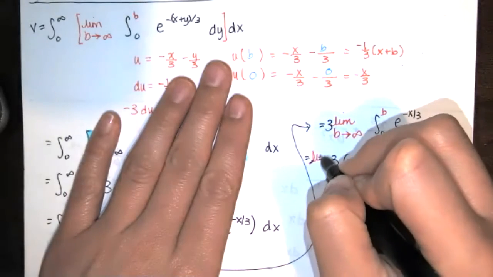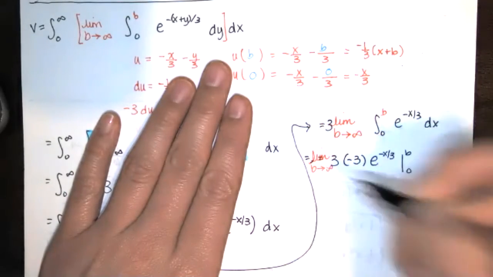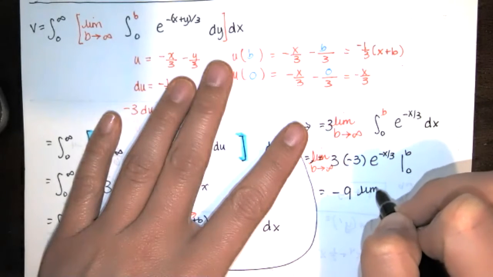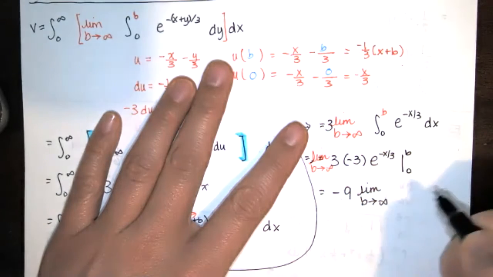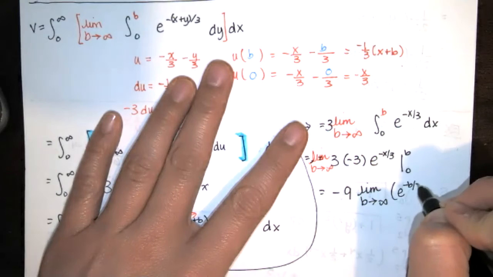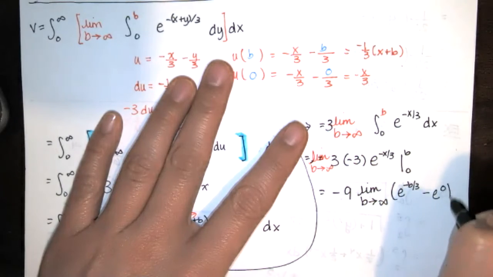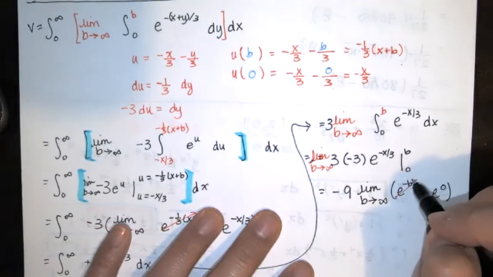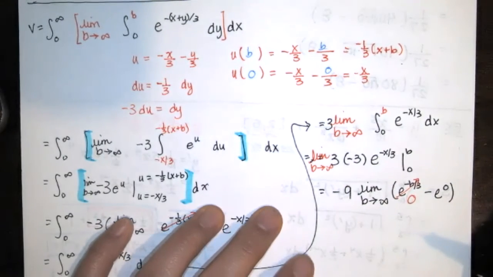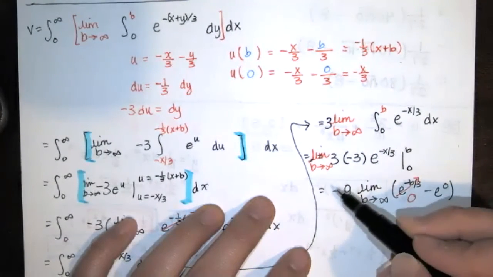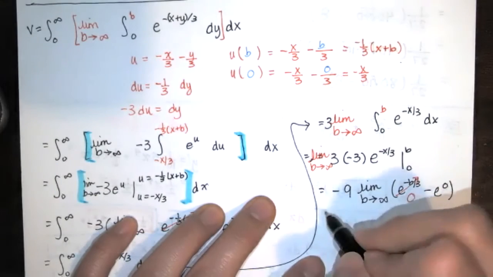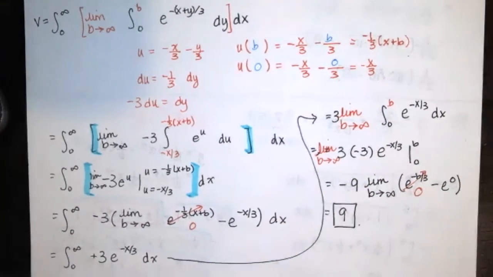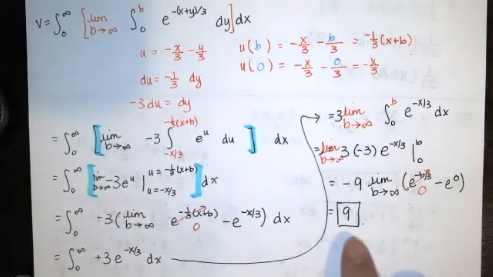Then we're going to take the limit of the result as b goes to infinity. So this becomes -9 times the limit as b goes to infinity of e to the -b over 3 minus e to the 0. As b goes to infinity, e to a large negative power is going to approach 0. And then we have a -9 times a -1, which is a +9. So that's easy breezy. That's our answer, and that's the volume.